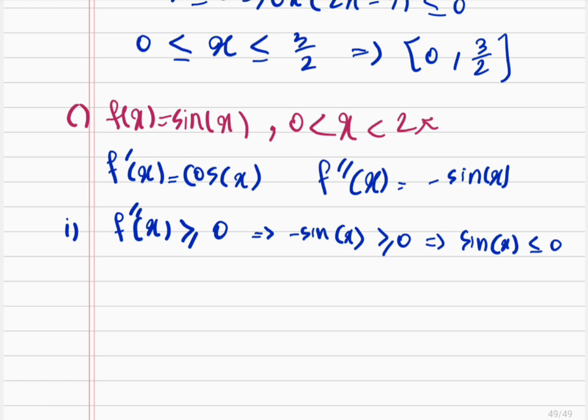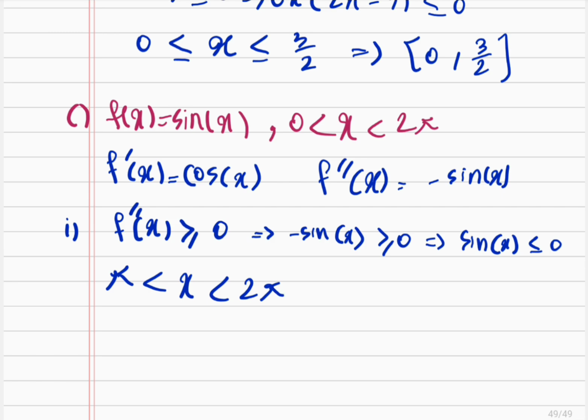So you want to find the values of x for which sin x is less than or equal to 0. Those values are simply when x is between π and 2π.